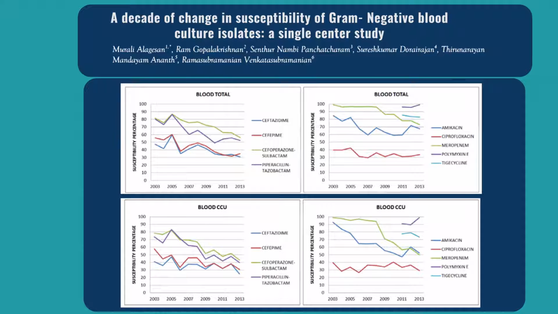Similarly, in the ICUs in that same hospital, the cefoperazone sulbactam susceptibility fell to about 50% in 2013 compared to 80% in 2003. So these trends will help us to detect emergence of new drug resistance mechanisms and also help researchers in basic research to look at what could be the possible mechanisms of these resistances.